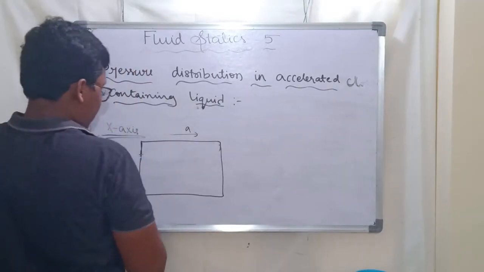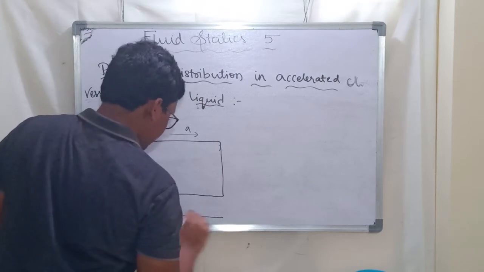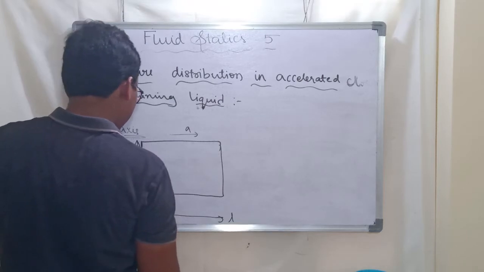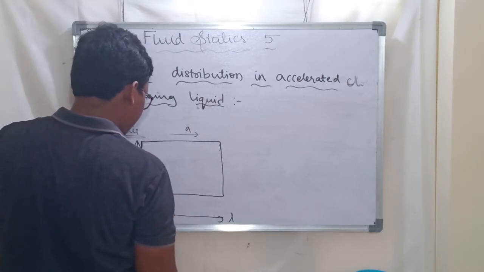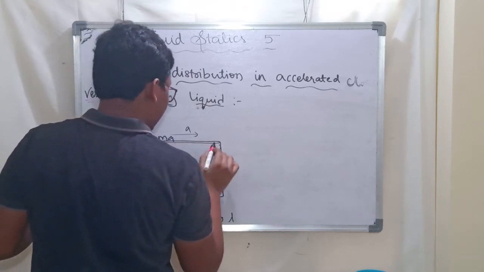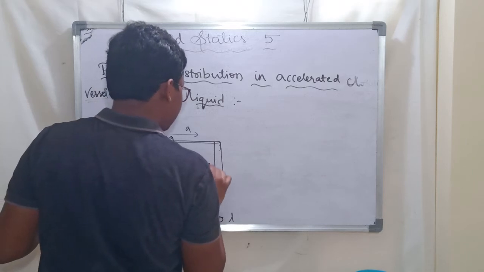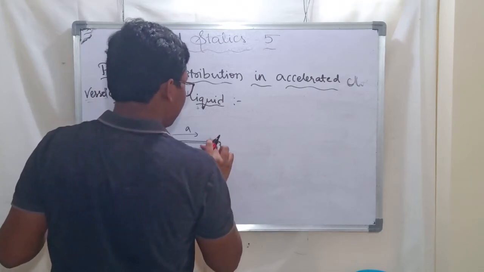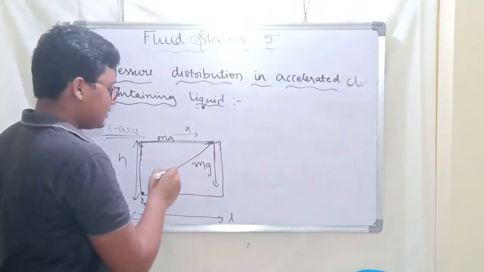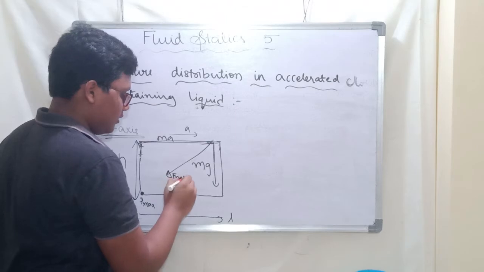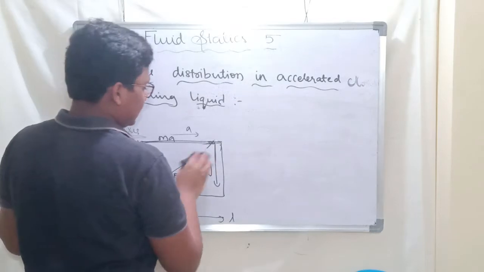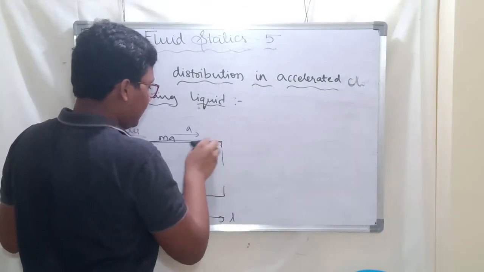This length is L, and this is height H, and here it will be P max. See, because MA is acting in this direction and MG is acting in this direction, the F net will be in this direction.